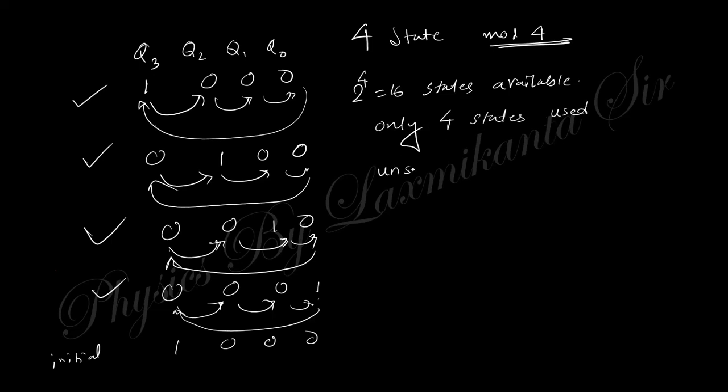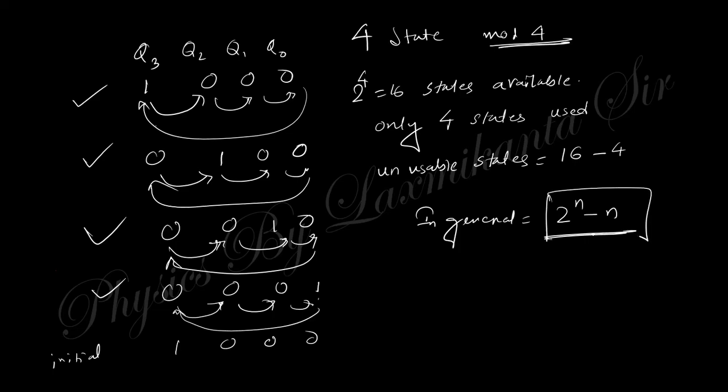So unusable states is 16 minus 4. So in general you can say 2 to the power n minus n is the number of unusable states.